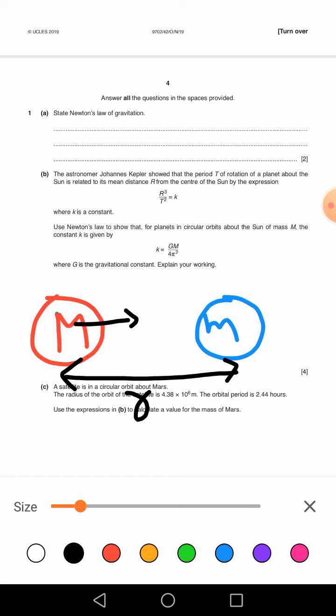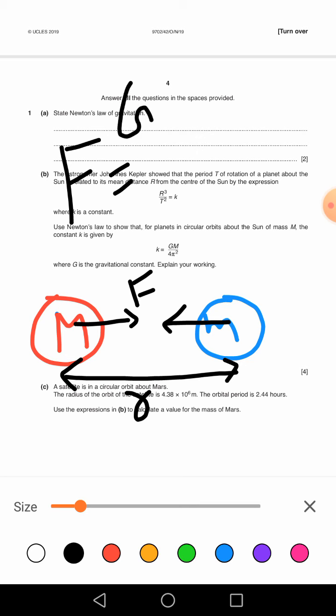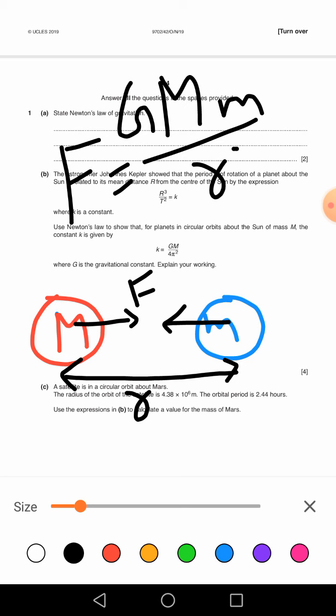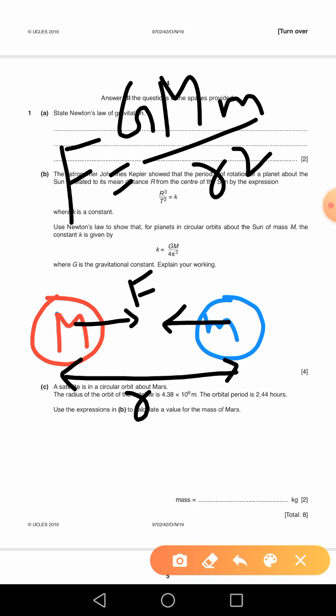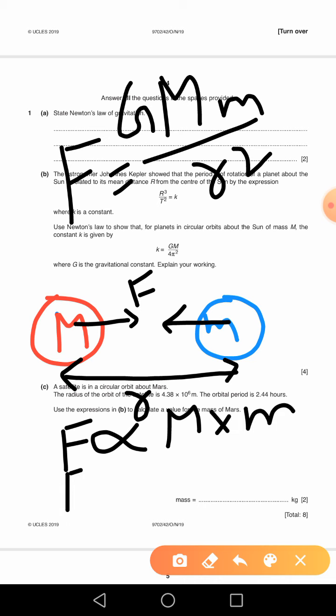So the force of attraction operating between them, which we are calling the force of gravitation, we can write as F equals G M m divided by r square, and this is the Newton's law of gravitation. That means the force of attraction is directly proportional to the product of masses, and the force of attraction is inversely proportional to the square of the distance between their center of masses or their center of gravities. Okay?